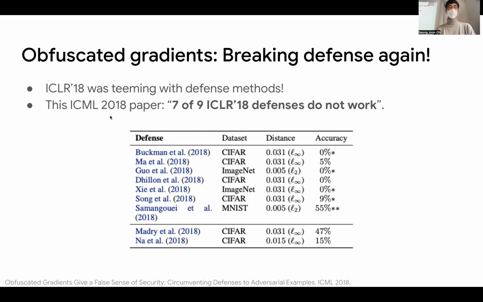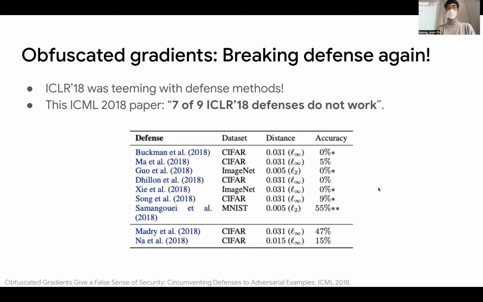So the typical result is this ICML 2018 paper saying 7 out of 9 ICLR 18 defenses do not work. And actually this ICML was only 3 months later than the ICLR conference. So they were super keen to test out all the defenses from the previous conference and make this claim, right?